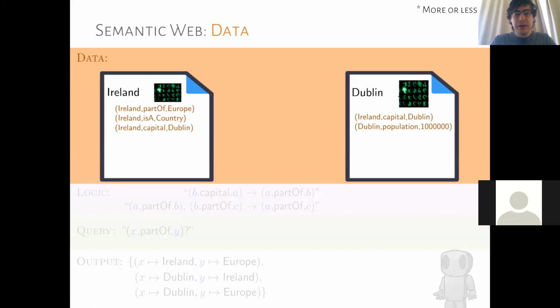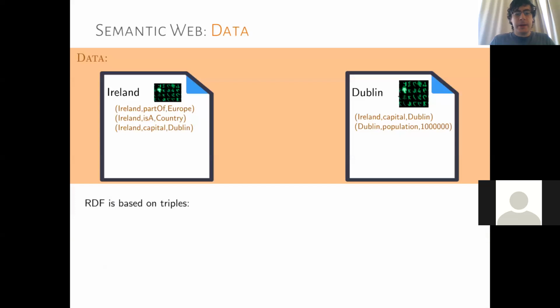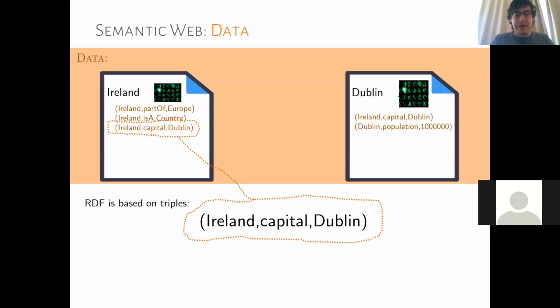Okay, so we're more or less going to focus on data today. So we're going to describe the standard for publishing data on the web. So RDF is based on triples. So essentially we have this idea precisely that we are making simple sentences that contain just three elements, like Ireland, capital, Dublin.